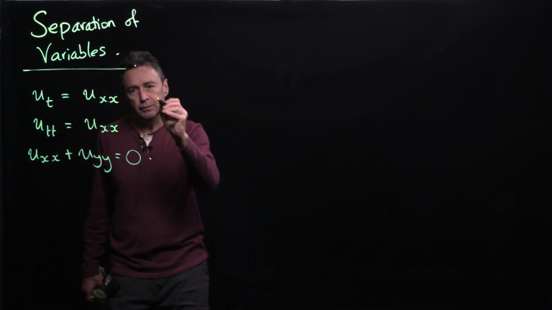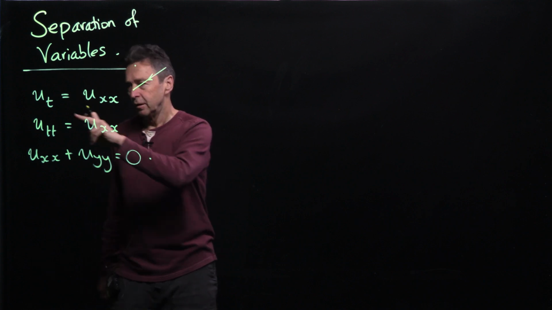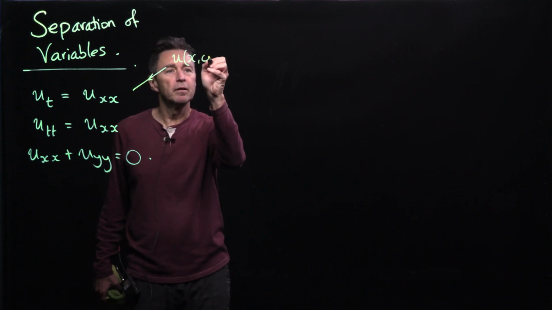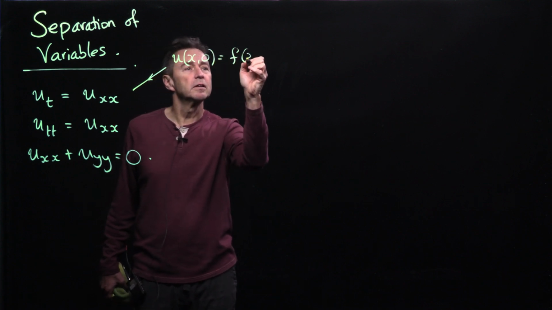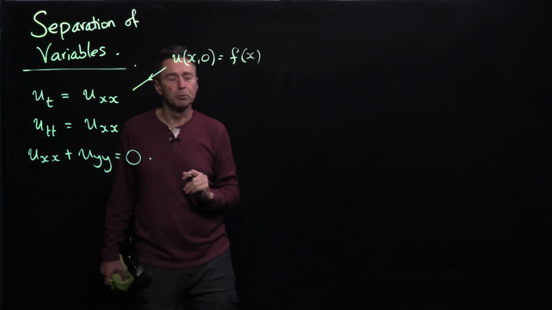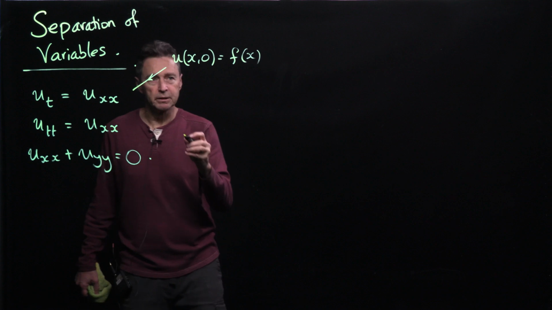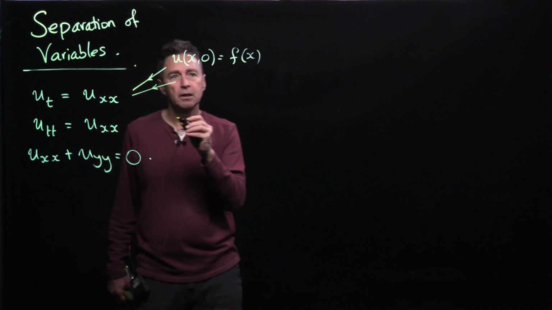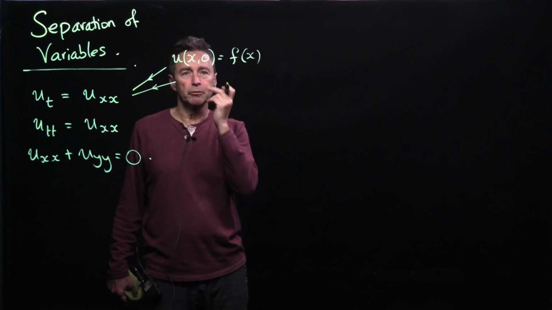For the first one, we have a single time derivative, so we usually provide an initial condition. That could be, for example, the distribution of temperature along a rod at time t equal to 0, and there are two space derivatives, so we also supply two boundary conditions.